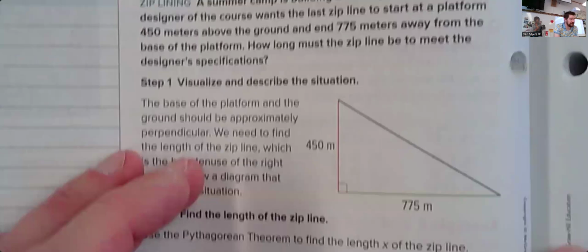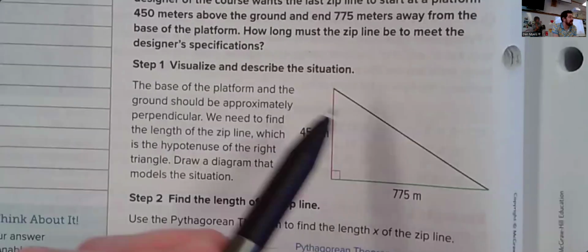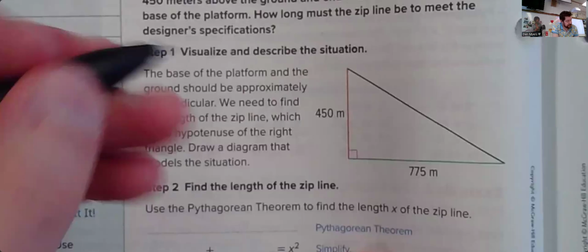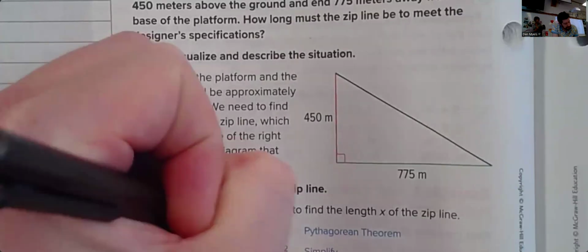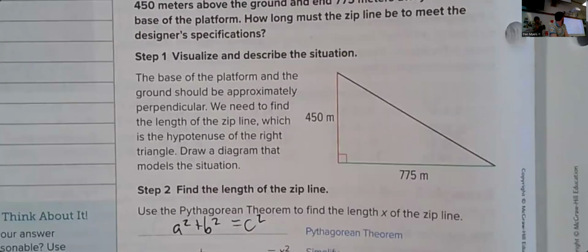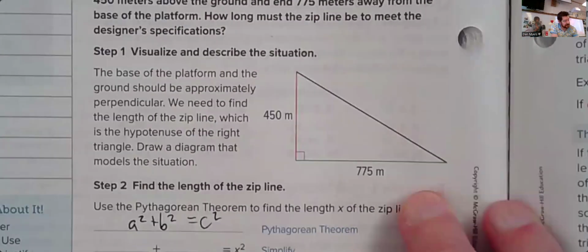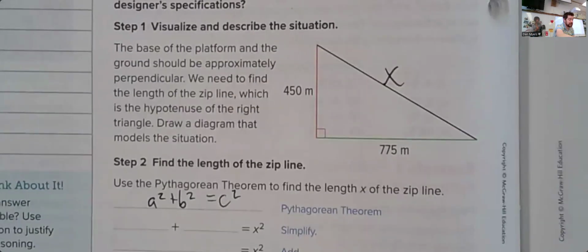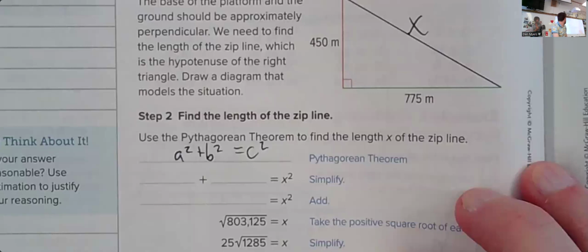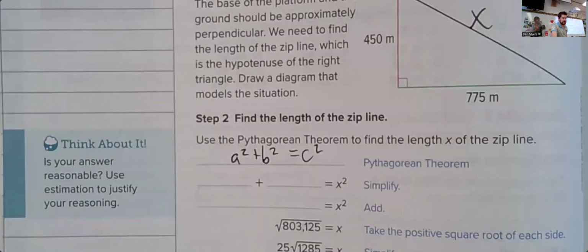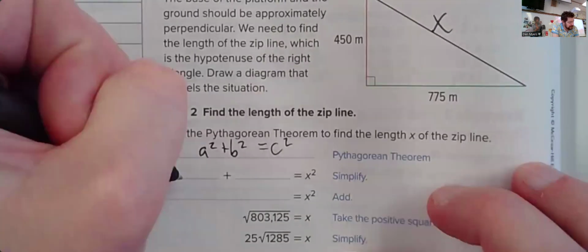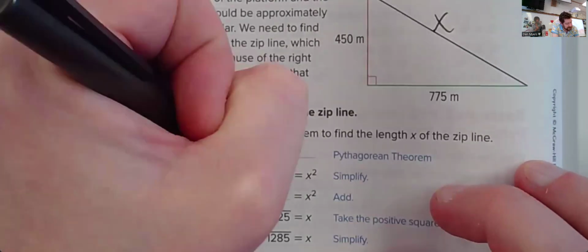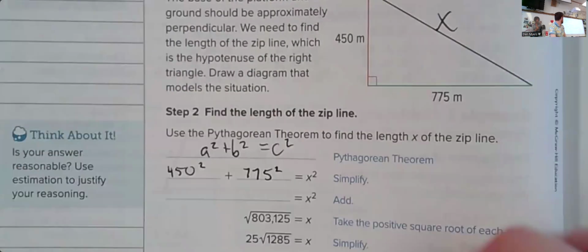So basically, we're just going with a vertical height and a horizontal height, and we need the diagonal height. So a squared plus b squared equals c squared. And it looks like we're calling the zip line length x. So we're going to get, by the way, this is going to be some real big numbers, 450 squared plus 775 squared.